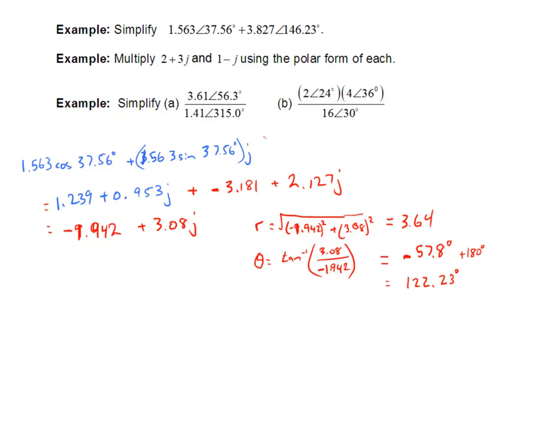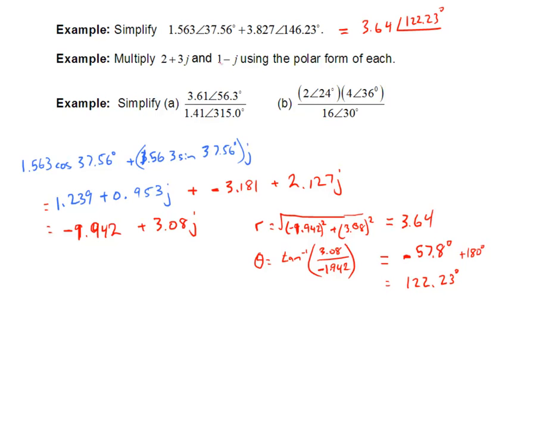So the sum of these two, if we write the final answer, is going to be 3.64 with an angle of 122.23 degrees. So remember, adding, subtracting, rectangular form, perform the operation, convert to polar form, final answer.